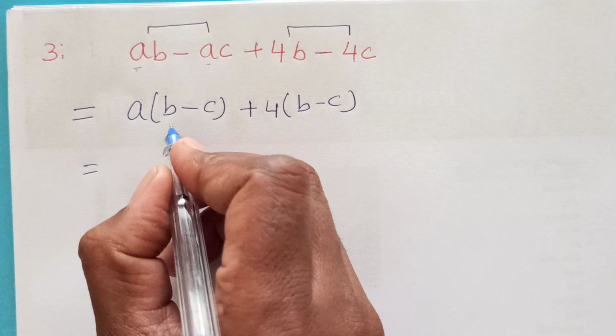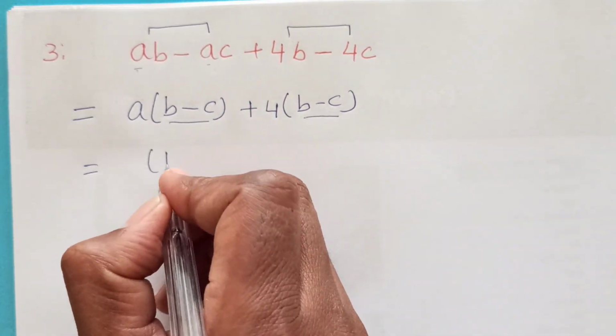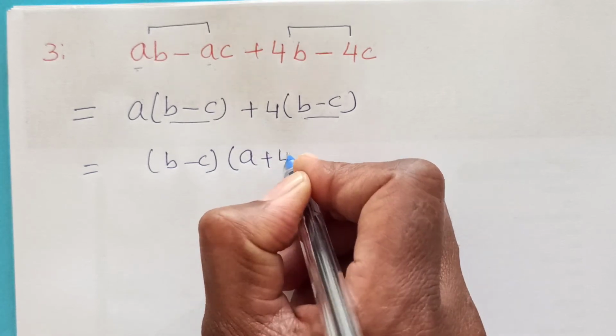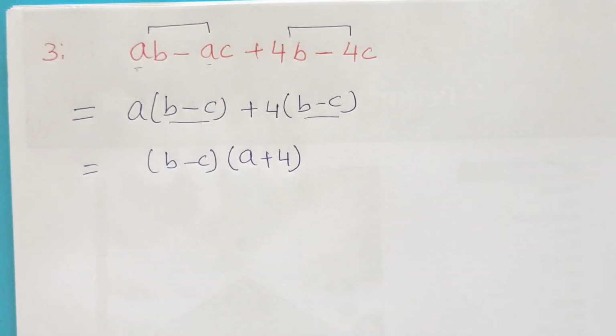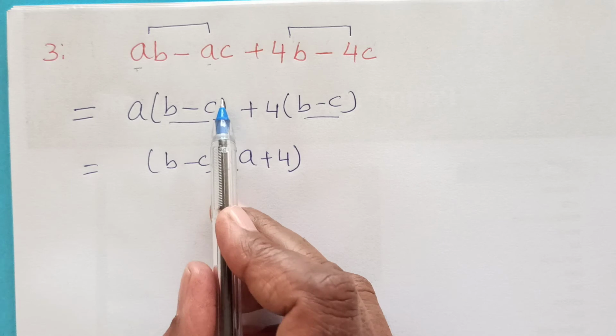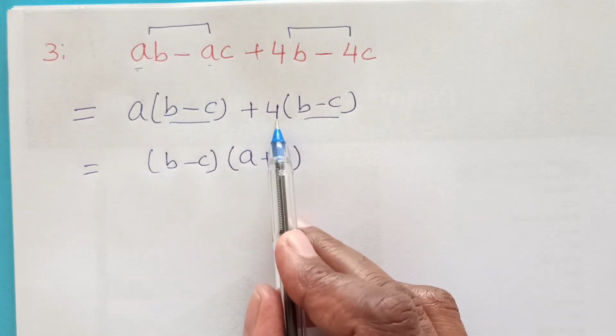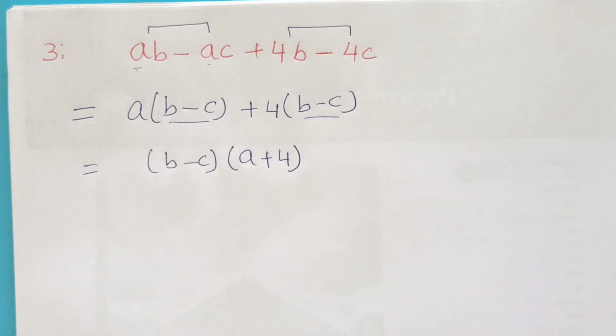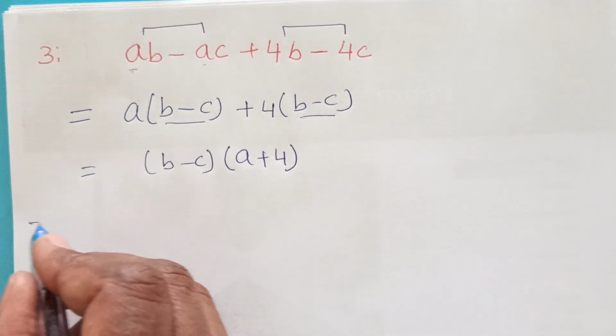So now you can see again b minus c is common. So inside the bracket we will have a plus 4. Simple. So this is a clue: whatever you get in the first bracket after taking out the HCF, you will have another thing the same as in the first bracket. So that's it.